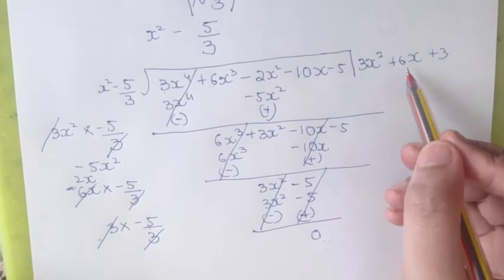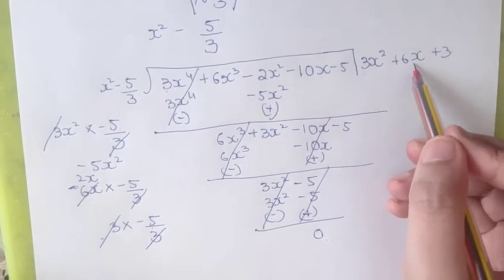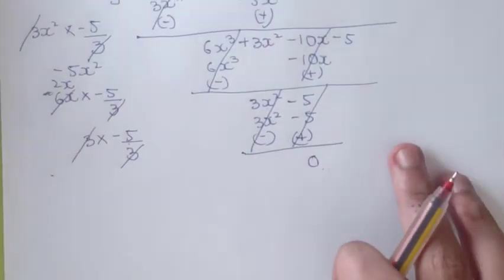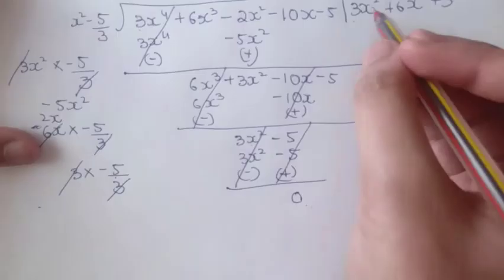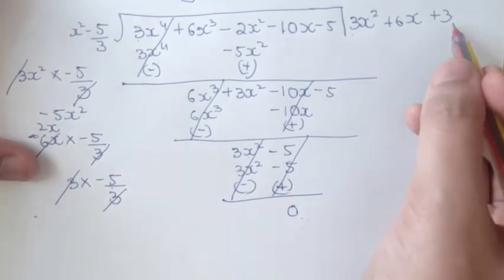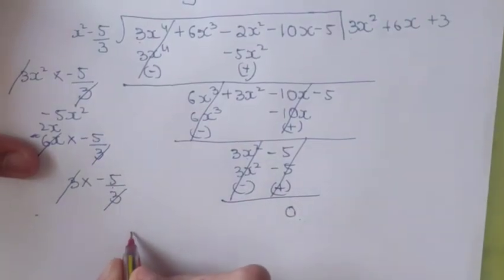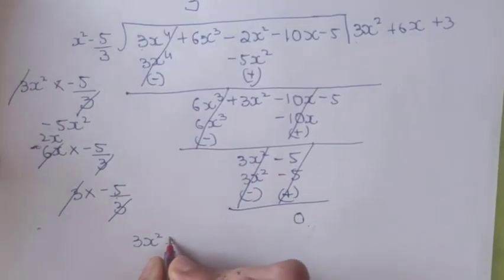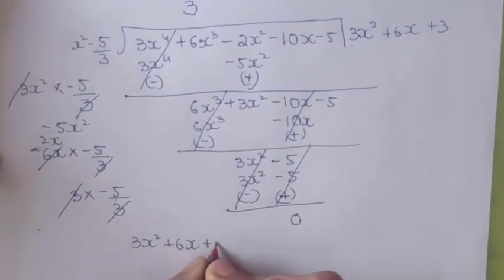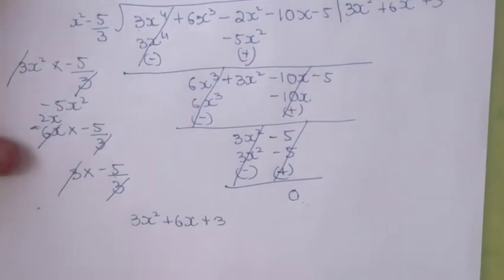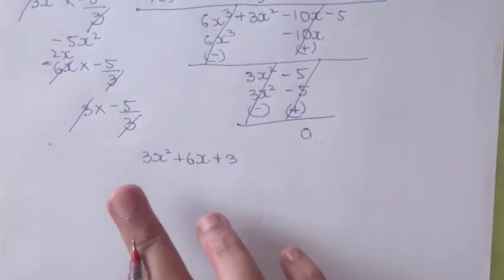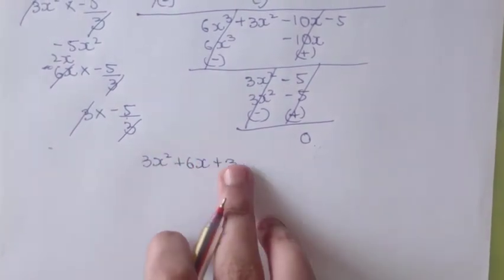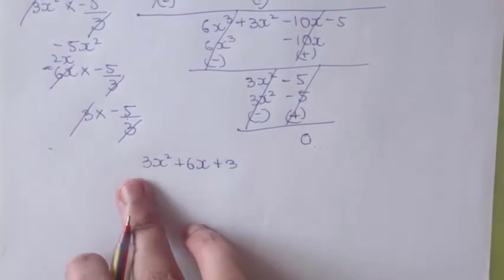Now we have to split the middle term and we'll get the other two zeros. So I'll write it down here first: 3x square plus 6x plus 3. First we have to multiply the other two numbers: 3 into 3 is 9.